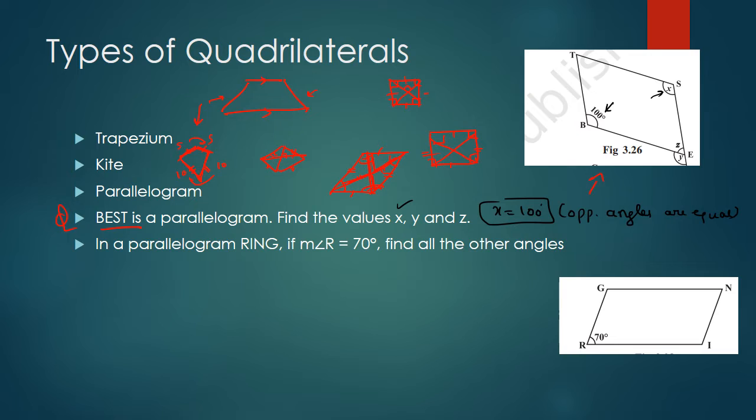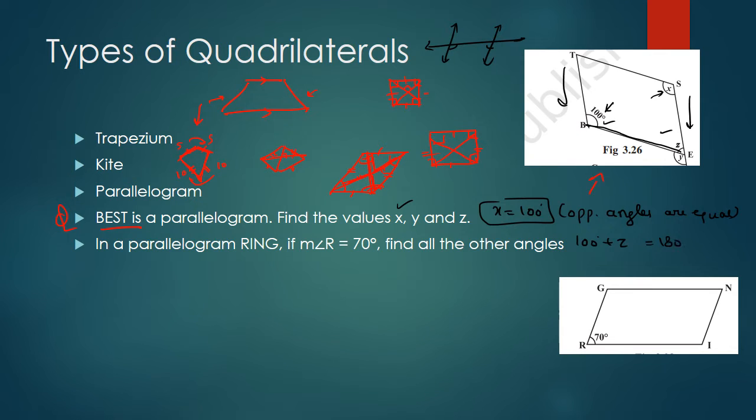Now next y. Okay, tell me one thing. If you remember the concept of previous classes, if two lines are parallel and one is transversal, can we say that angles on the same side of transversal have sum as 180 degree? So these two lines are parallel and this is the transversal, so sum of these two angles will be 180 degree.